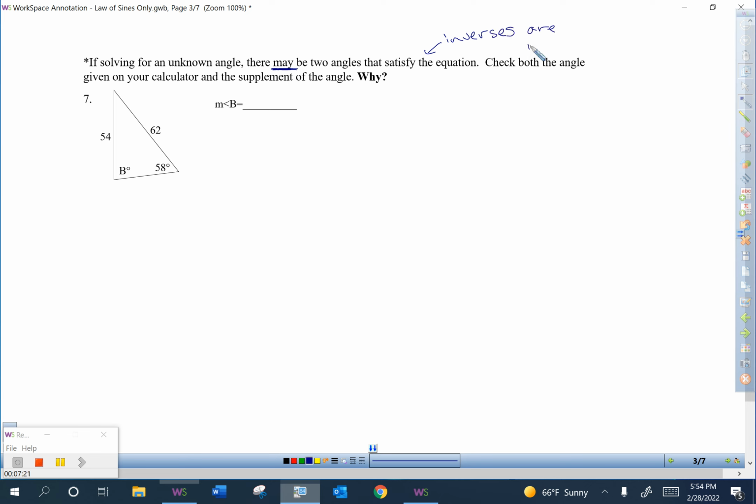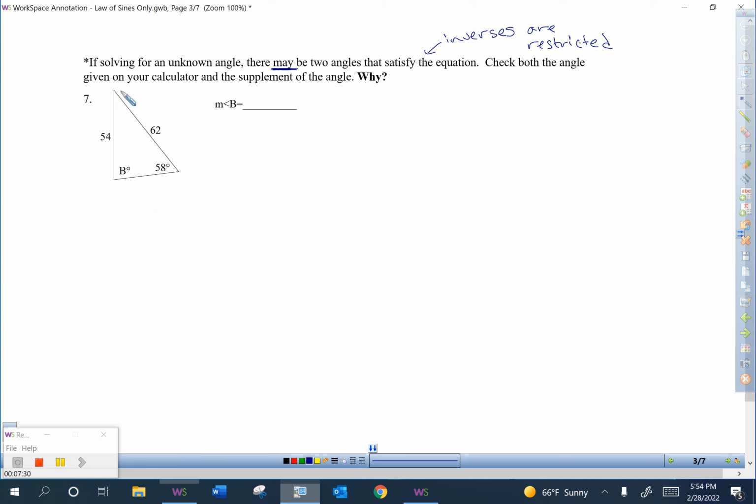Remember, those inverses are restricted so that they are functions, meaning our calculator can only give us one answer even though there are multiple answers that may work. Okay, but we also have to think about, we don't want infinite answers anyway because we're restricted by this is a triangle, and the only angles possible in a triangle are from 0 to 180 degrees.